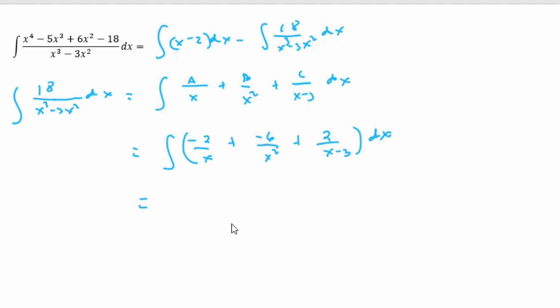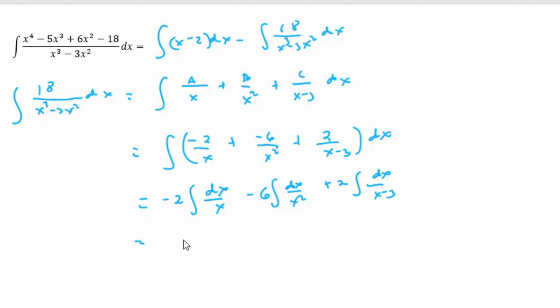Separating the integrals, we can write negative 2 the integral of dx over x, minus 6 the integral of dx over x squared, plus 2 times the integral of dx over x minus 3.